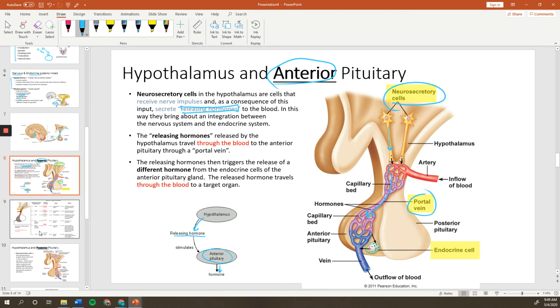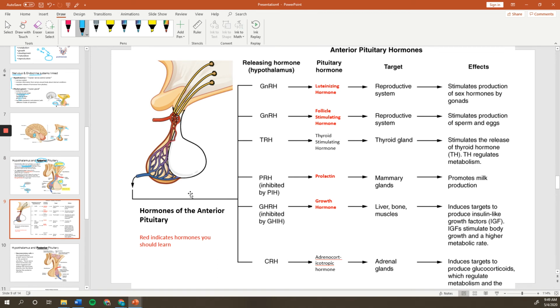In this chart, there's a bunch of different ones, and some you probably do need to know. These two, we'll talk about during reproduction, and then these two as well. Growth hormone's a good one to know. GnRH is gonadotropin releasing hormone.